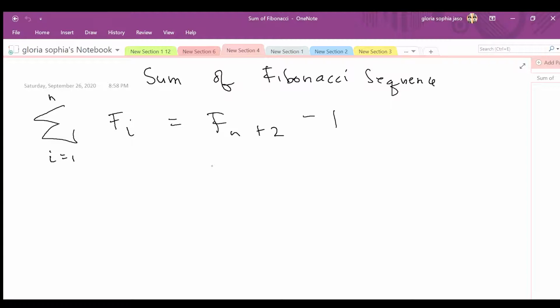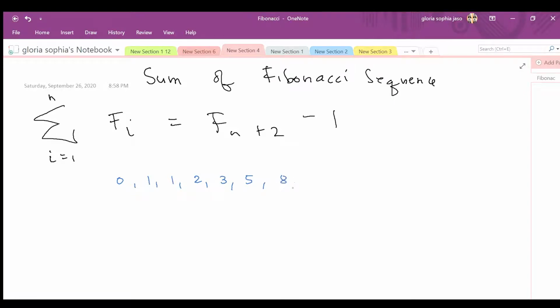Okay, class. So now we will find the sum of Fibonacci sequence. So let's have our sequence. So 0, 1, 1, 2, and then 3. So 2 plus 3, that's 5.